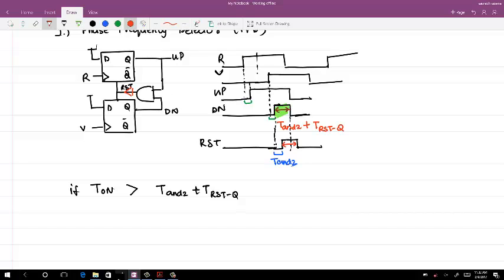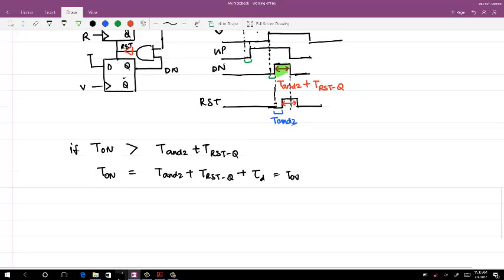With that added delay, I will get T on equal to T AND 2 plus T reset to Q plus tau delay, if that is what I am adding. T on is the same as T overlap. So I can get the overlap time.